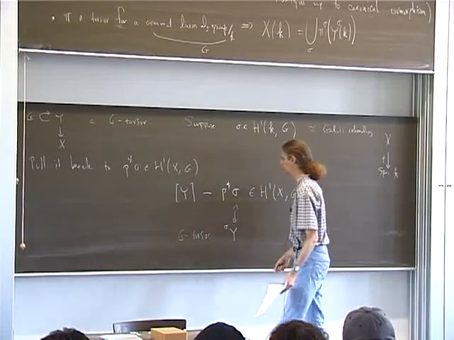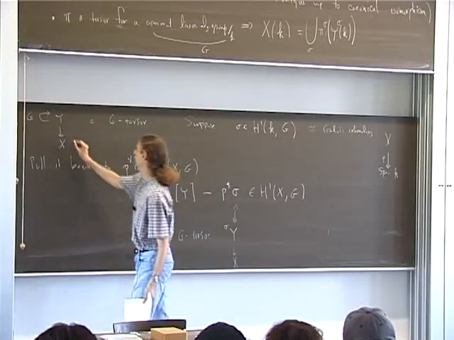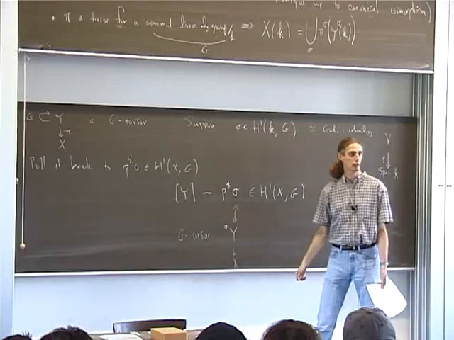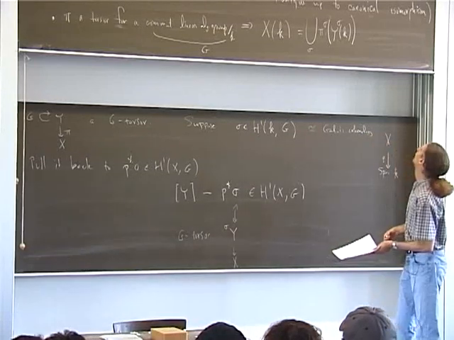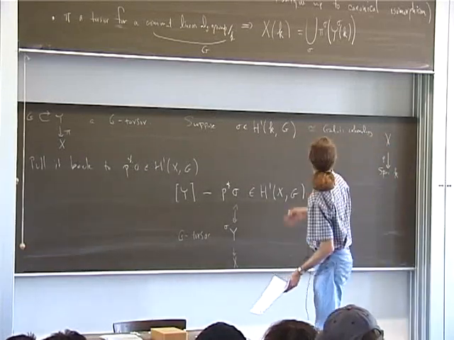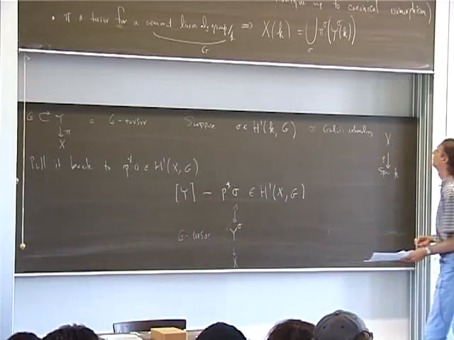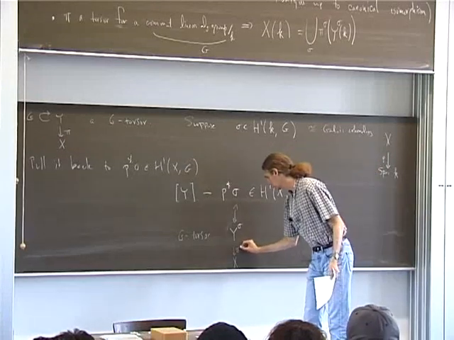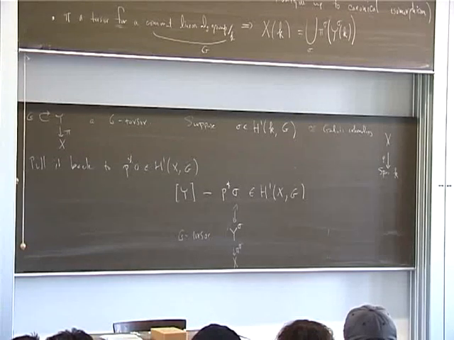Y sigma, of course, with a map to X. If this is pi, then this is pi sigma. Sorry, everything is sort of ending up in the wrong place. This is just notation, that's all.